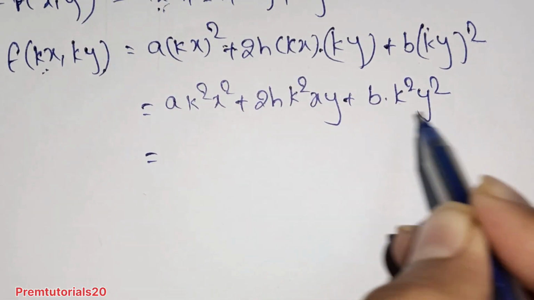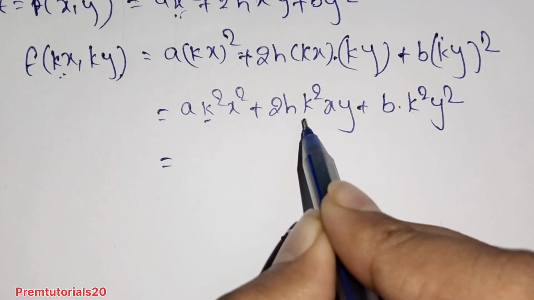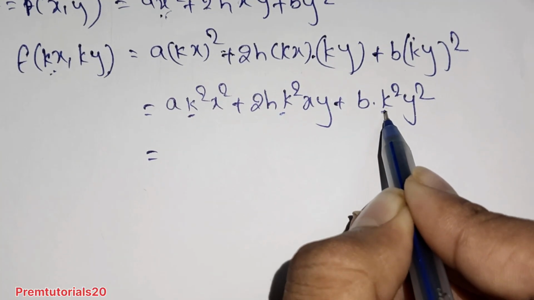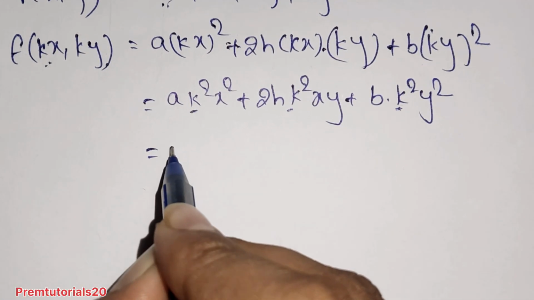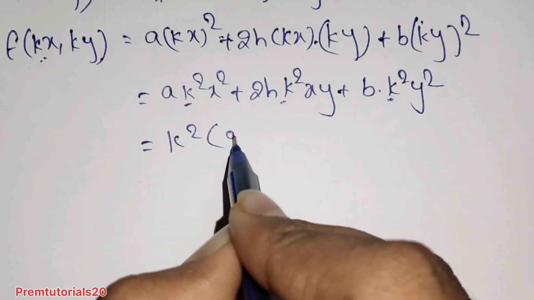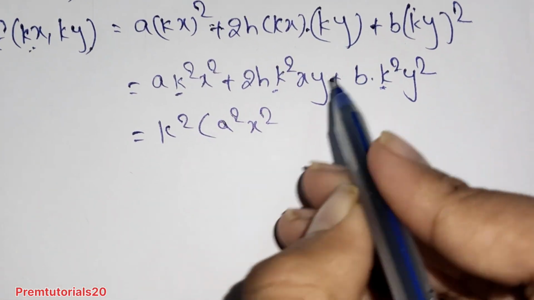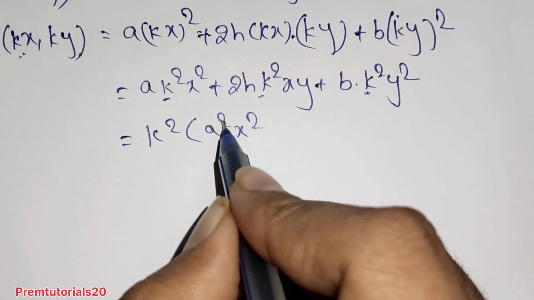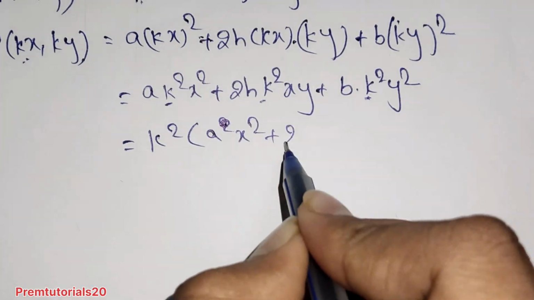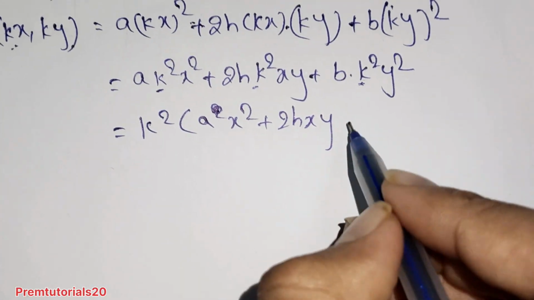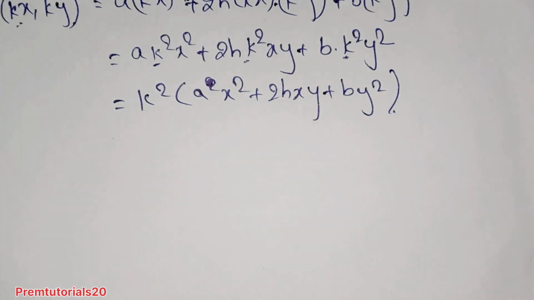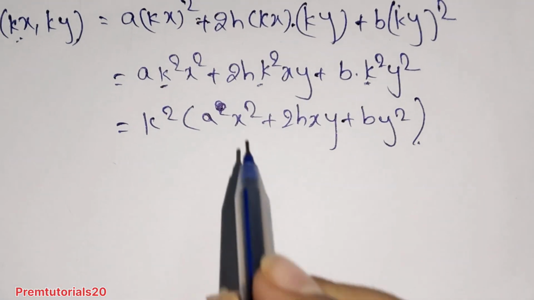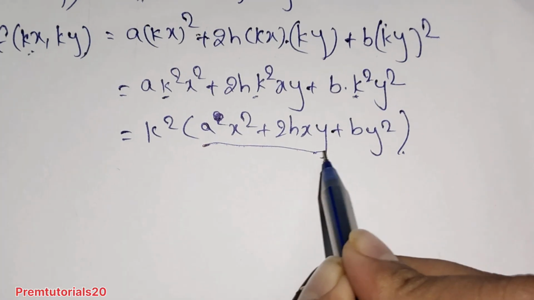In this whole expression k² is common, so let it be written outside the expression. What does it become? k²(ax² + 2hxy + by²). We already discussed this previously.